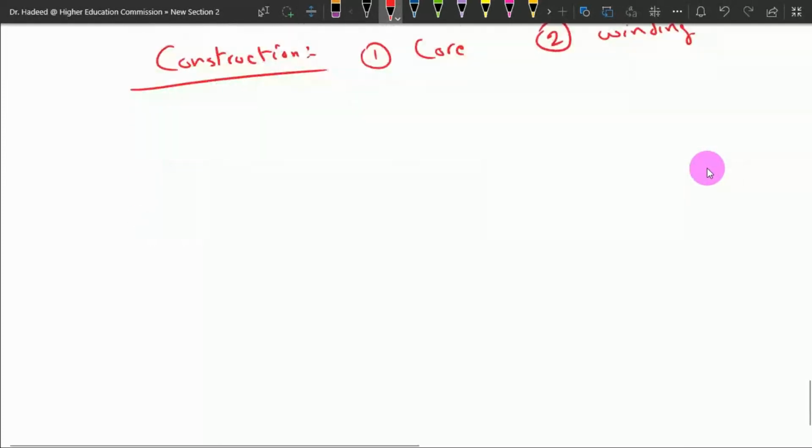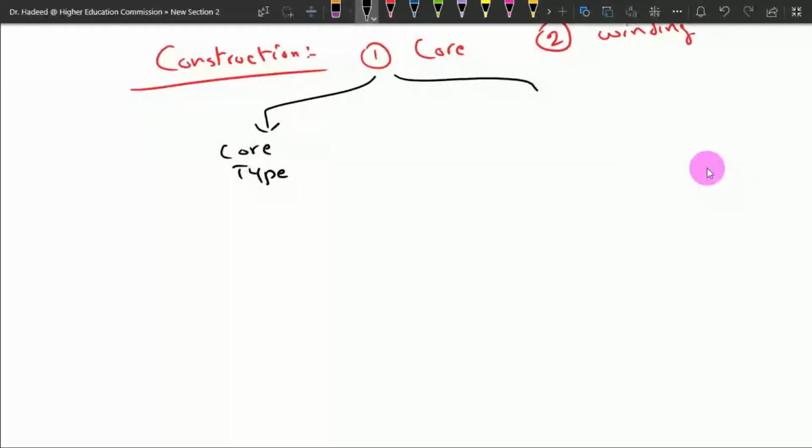We have earlier discussed that the core is made up of laminated sheets. But the core shape also plays an important role in deciding the cost associated with the core design and the winding. So the core is further of two types. One is known as the core type transformer and the other one is known as the shell type transformer.